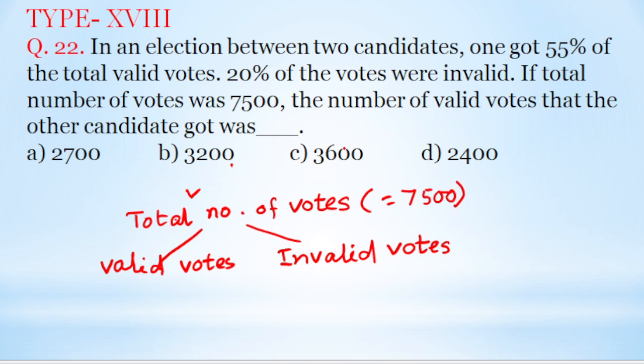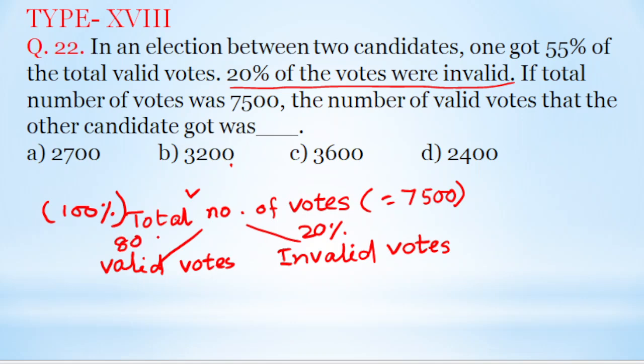Out of this, 20% of the votes were invalid. Suppose the total number of votes is 100%, then 20% are invalid, so the rest 80% are valid votes.